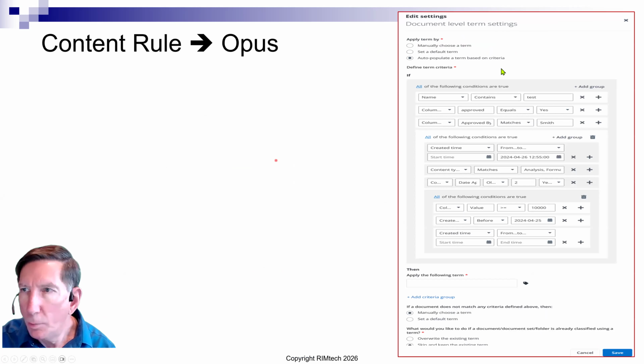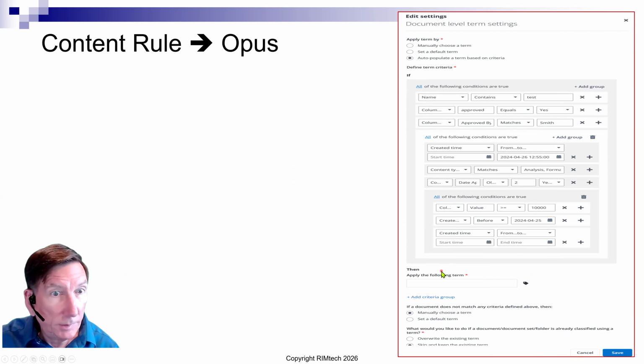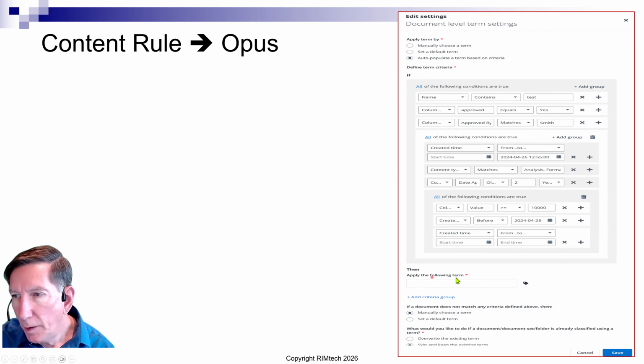Here's an example from Opus. In Opus, a retention rule is called a term. So in this form, they're saying apply term to any content that meets this criteria between the if and the then. So whatever criteria or conditions are met, then apply the following retention rule or term.